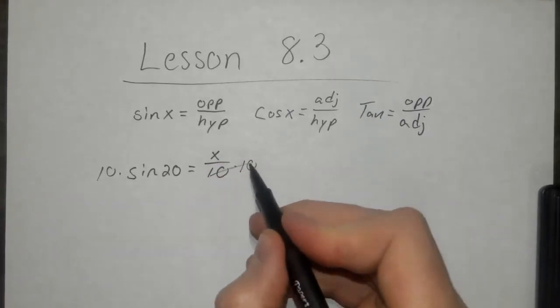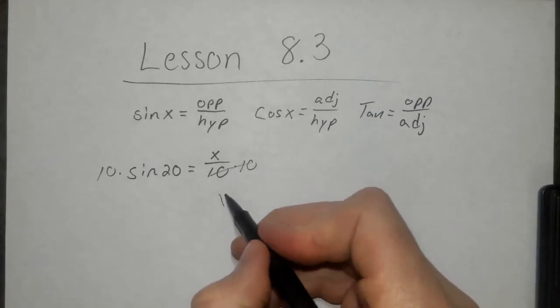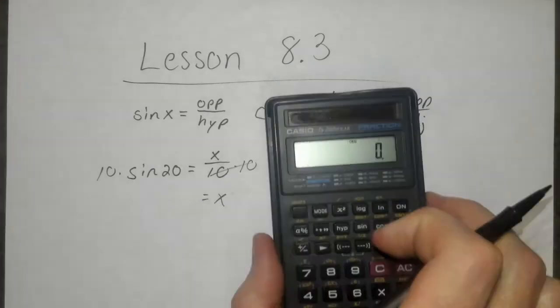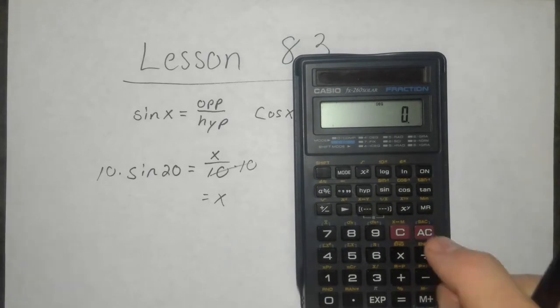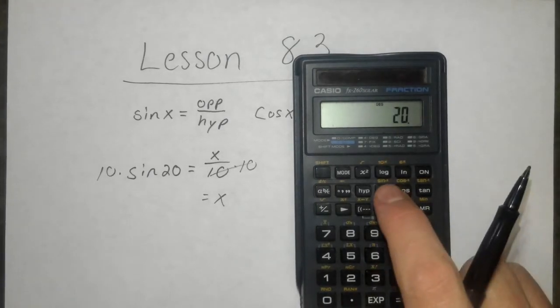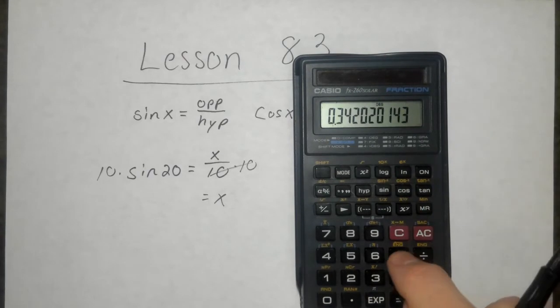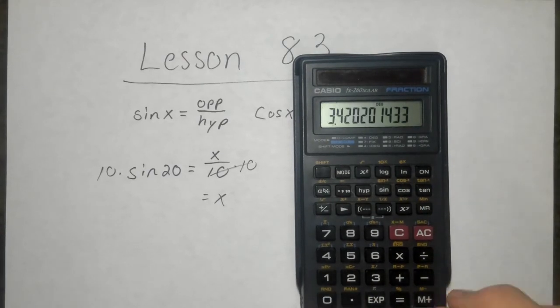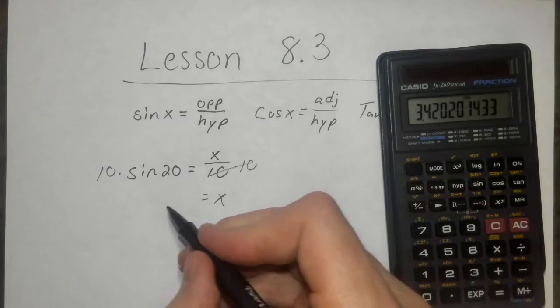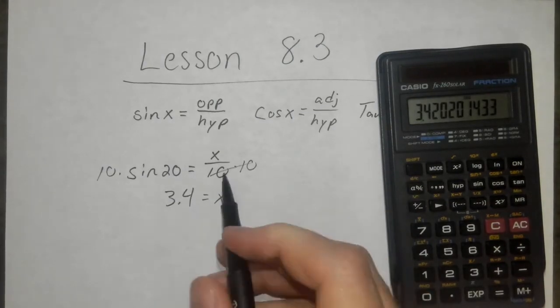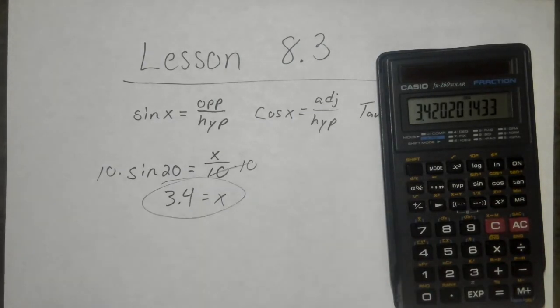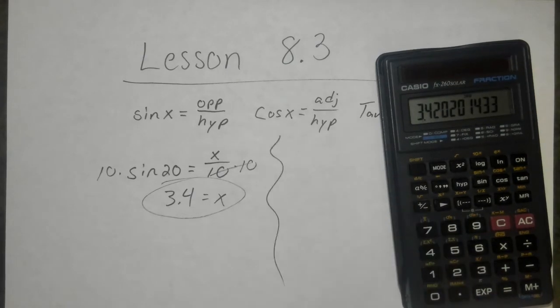This is how we solved in the last lesson. So I have just x on this side, and now I'm going to grab a calculator and type in the sine of 20. So remember, my calculator is backwards, so I type 20 sine and then times 10, and I would get approximately 3.4 for x. Okay, so that's how we did problems in the last lesson when we are missing a side.